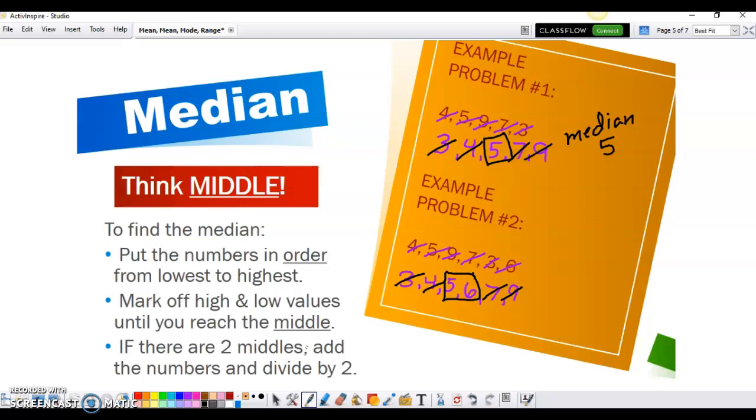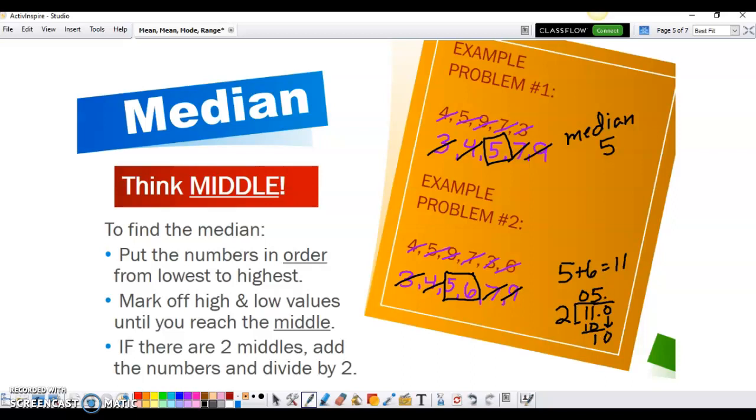So it says if there are 2 middles, you're going to add the 2 of those numbers and divide by 2. So actually you're finding the average of those 2 in the middle, or the mean. So we all know that 5 plus 6 is 11, okay? And then you're going to take 11 and divide by 2. And I think we're going to have to add a decimal and a 0 again.